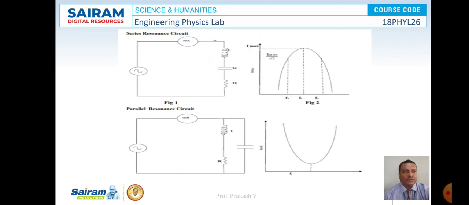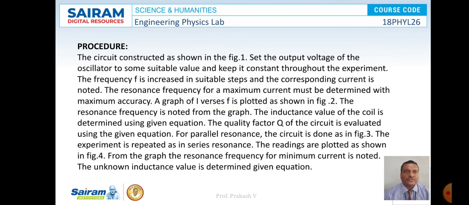When we look at the procedural part, this is the procedure that we have to follow. Here L and C are connected in series, and for different input frequencies the current in the circuit is recorded and tabulated in the tabular column.